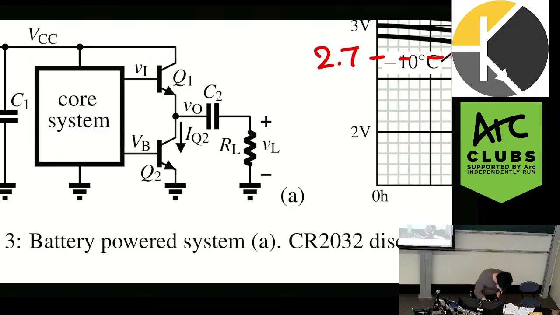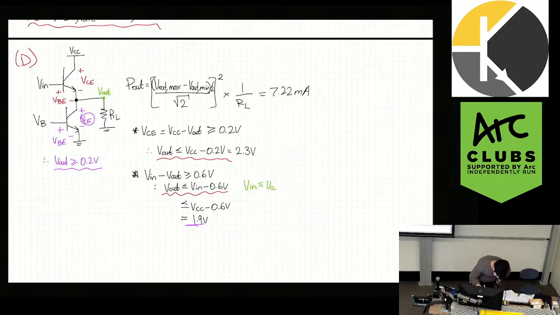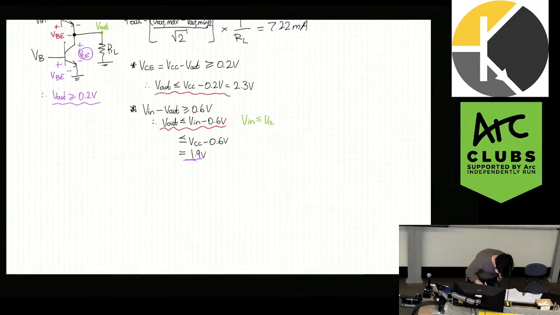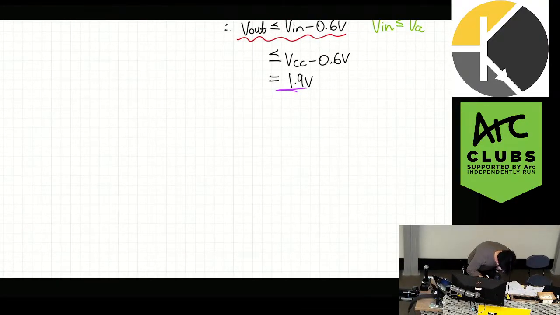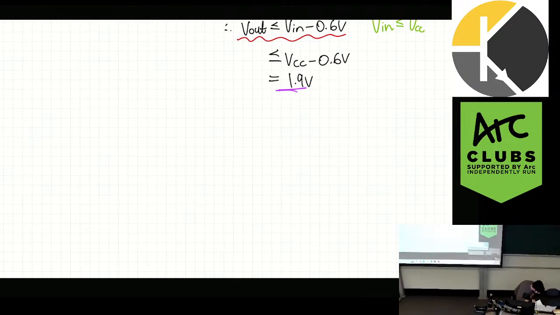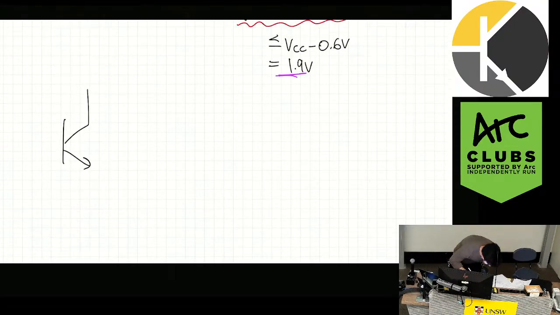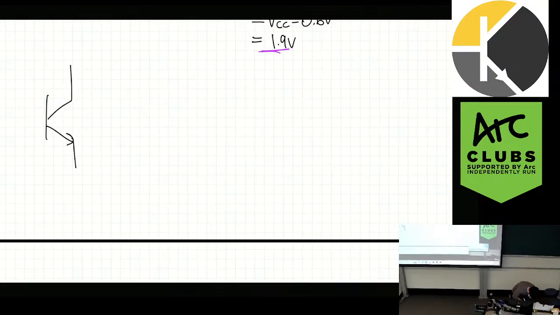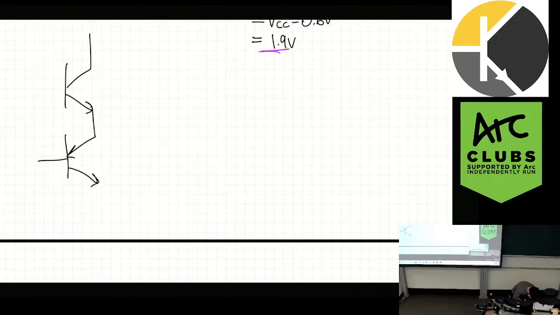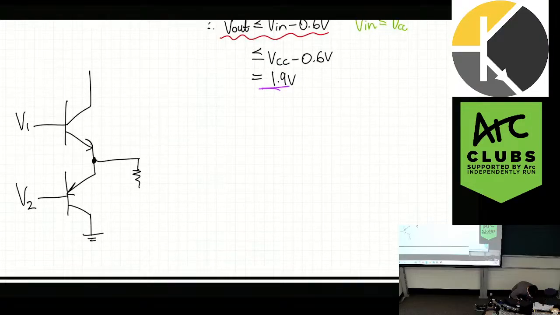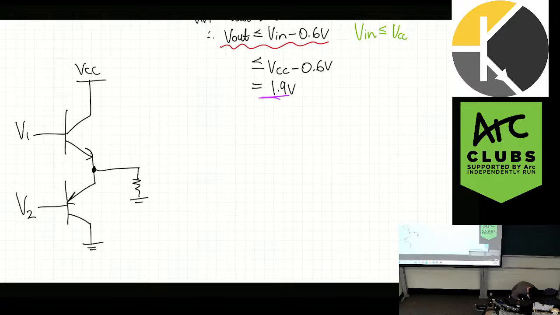Maybe let me just draw it so you can see what it looks like. Class A used a constant current source. In Class AB, we have something like this. V1, V2, ground, and this is VCC, and that's RL.